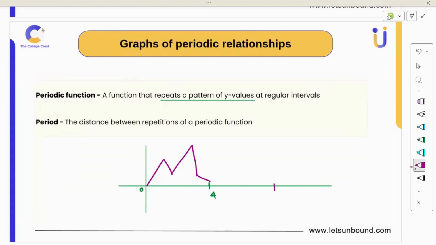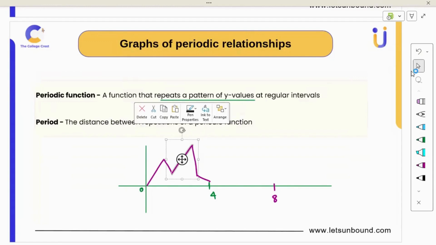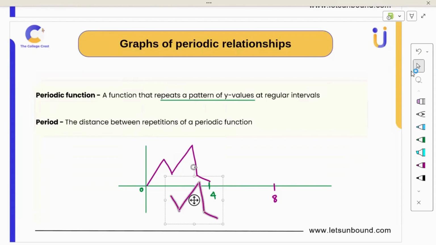Then from 4 to 8, let me just copy it for easiness, and it will be repeating the same process. This is called a periodic phenomenon. Then 8 to 12, it will be the same. Even if you go to the negative side, at every interval of 4, the y values keep on repeating, and I can observe that repeating pattern.